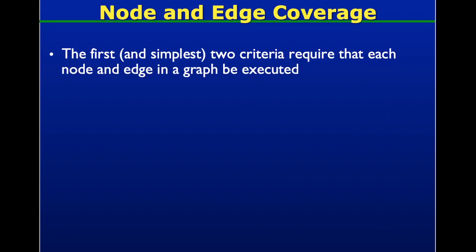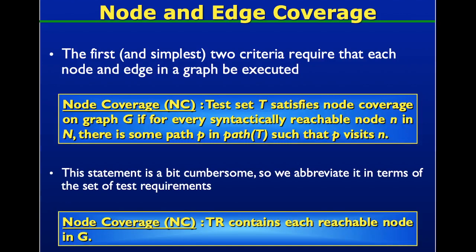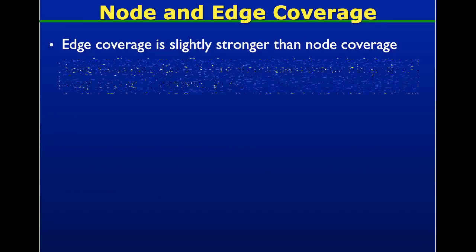We have a few coverages to talk about, so let's start with node and edge. The first is the node coverage. Obviously this is a very complicated definition, so we are going to reduce it to the second one, which is that the test requirements contain each reachable node in the graph.